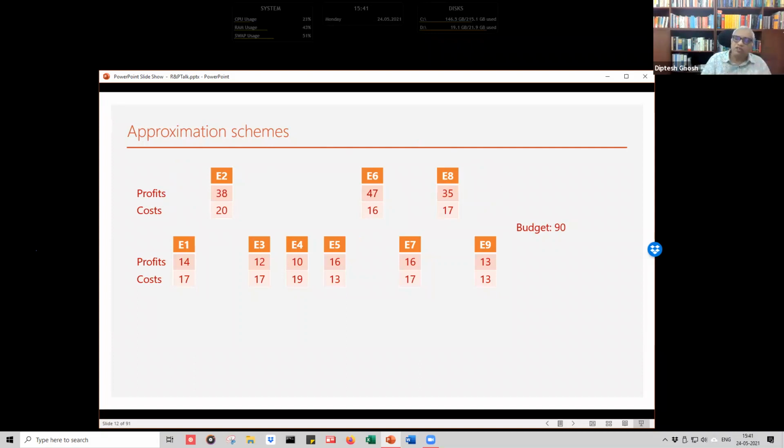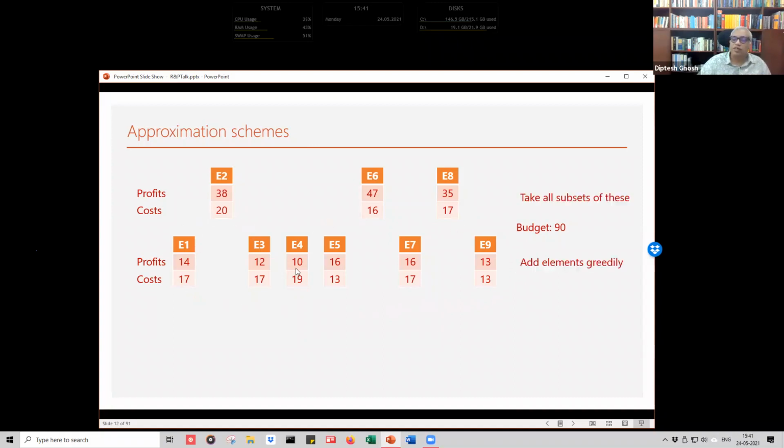Now, whenever you have this combination, there will be two things that could happen. One, this combination would have a total cost which is more than the budget, in which case you throw out that combination. If the combination has a cost sum which is less than the budget, then you take that combination and fill the remaining budget greedily with the small elements, right?